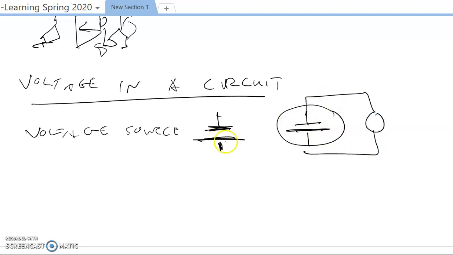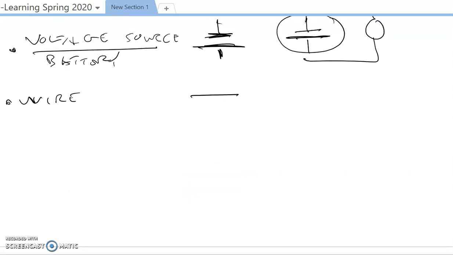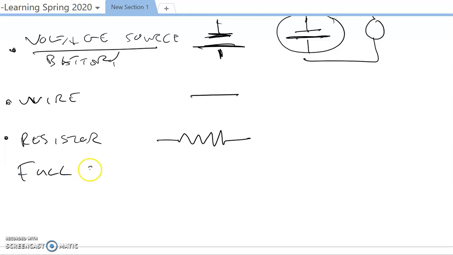So this is a voltage source. That's a battery or something. All right. The wire is just the lines. That's obvious enough, hopefully. And then the resistor, this is weird. You got to get used to this. We abbreviate like this. That's what a resistor is. So a full circuit would look like this.